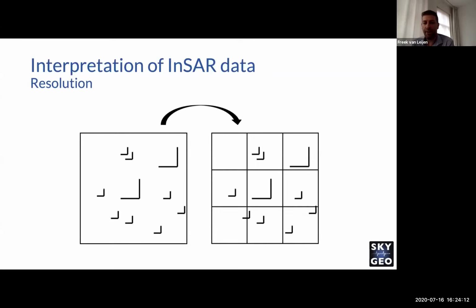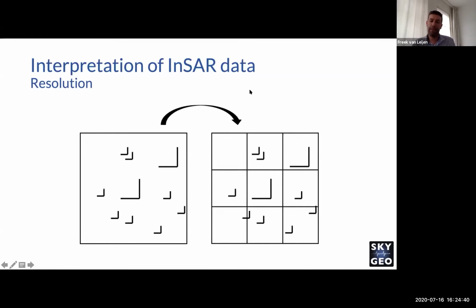You can imagine if we were not measuring the same point, if we were, for instance, 1 meter off, we would of course never be able to translate this to millimeter deformation. So the fact that we can estimate a very precise deformation time series proves that we are actually measuring the same points.